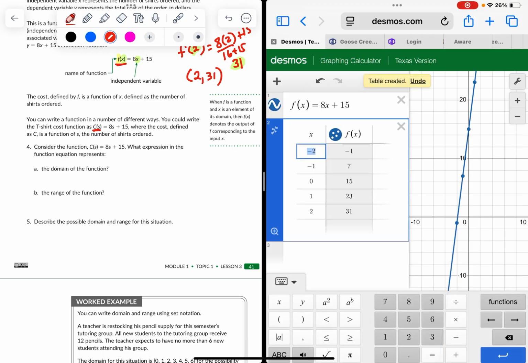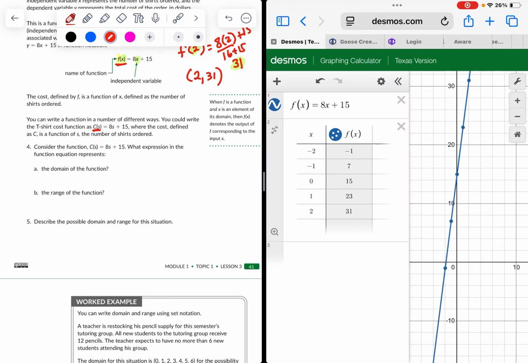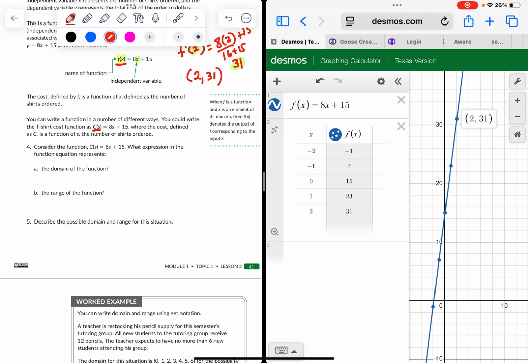I'm going to go click on this table over here. And like I said, y'all see this 2 down here? When x is 2, y, it's way up here at the top. I can click on it. Y is going to be 31. So I could have done it by hand and figured out what some points were on this function, but I can also go graph it in Desmos.